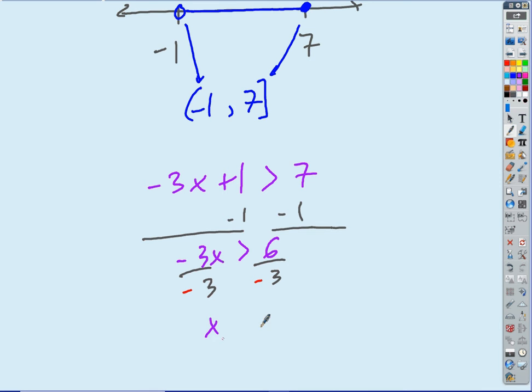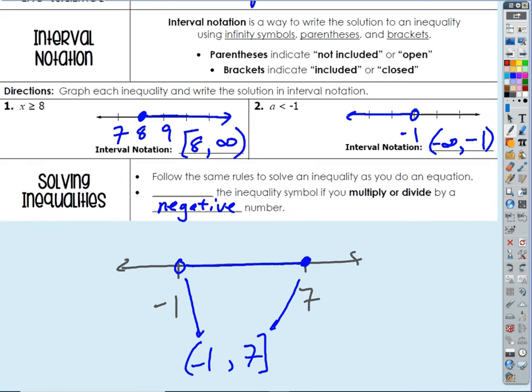I'm going to get an x on that side. I'm going to get a -2. Yeah, I've got to flip it. Because I divided by a negative, I have to flip that inequality sign around, okay? So there's the only exception. If I multiply or divide both sides of an inequality by a negative number, I must flip the inequality, okay?